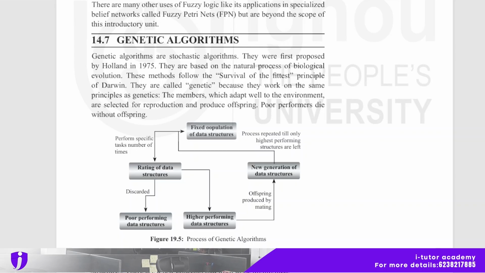The members which adapt well to the environment are selected for reproduction and produce offspring, and poor performers die without offspring. They perform specific tasks a number of times, and a new generation of data structures is created from higher performing data structures, with rating of data structures. This is the process of a genetic algorithm.